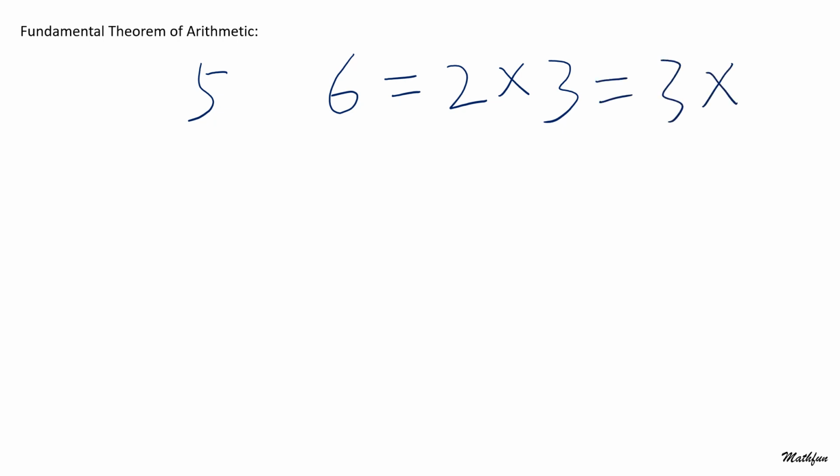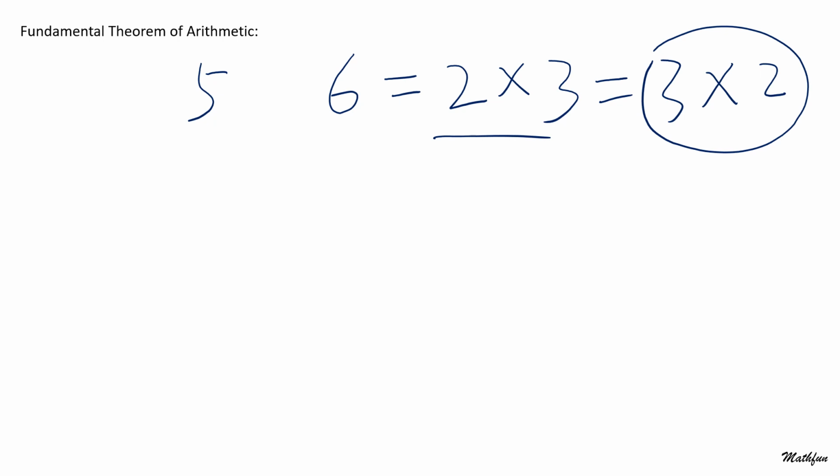So let's look at some examples. 5 is a prime, so it satisfies the theorem. Now how about 6? Well, 6 equals 2 times 3, and that is the only way to write 6. Now 3 times 2 would not be considered a different expression because that is trivial, okay?